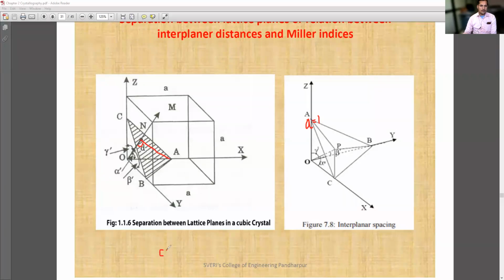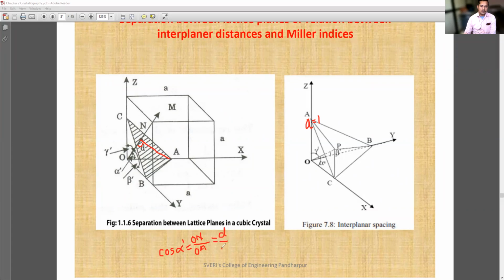So what is the cos alpha dash here? Cos alpha dash म्हणजे काय? कोणा लगतची बाजू भागिले कर्ण, बरोबर आहे का? Yes, sir. कोणा लगतची बाजू आहे ON, डिवाइडेड बाय कर्ण आहे OA. बरोबर. आता ON ची व्हॅल्यू किती आहे? स्मॉल d, that is interplanar distance हे आपण डिफाइन केलेली.